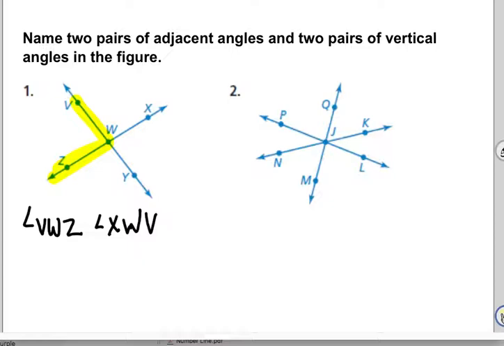Okay, so we've got V, W, Z, and X, W, V. Yes. Those two are good.